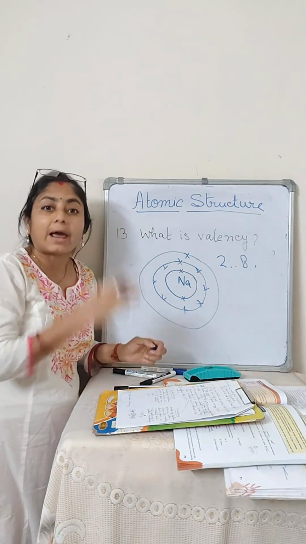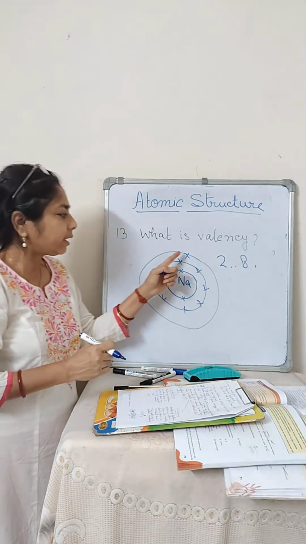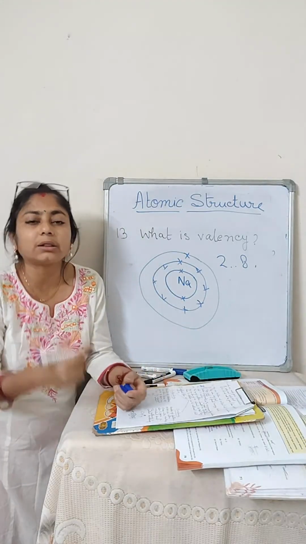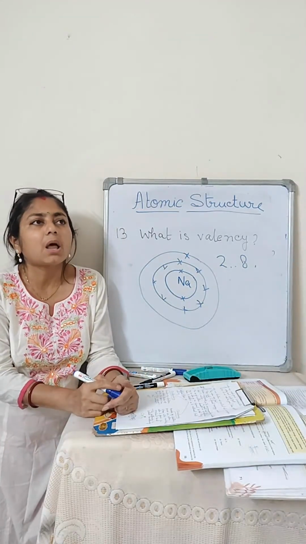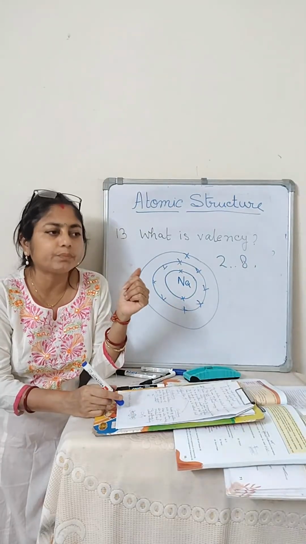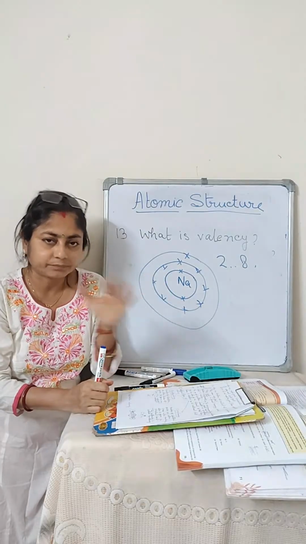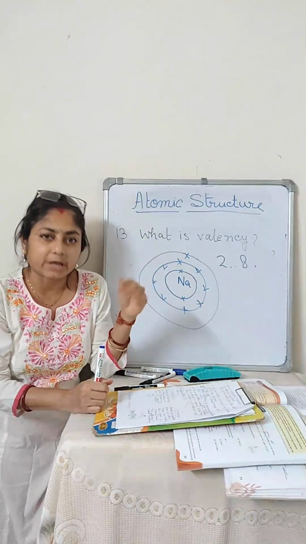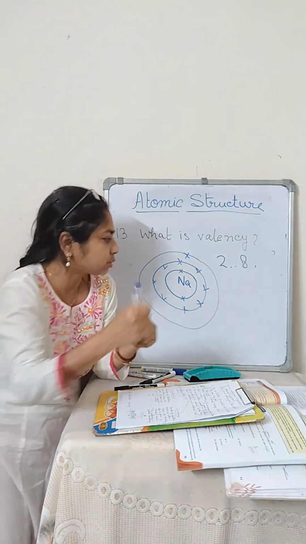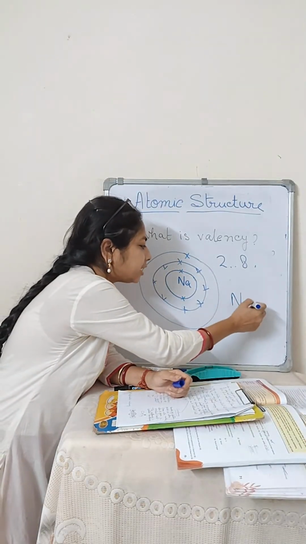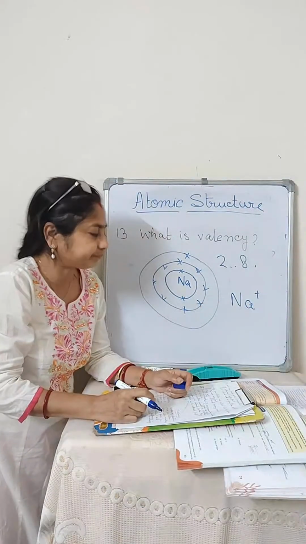Then what is the valency of sodium? 1. How can you tell the valency of sodium? Because sodium donates this electron to others, and it changes into a cation. Sodium changes into sodium ion.